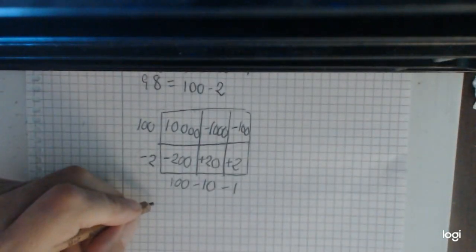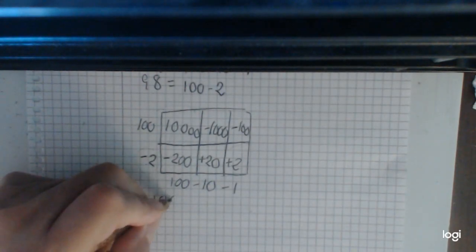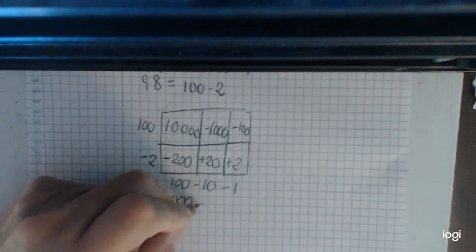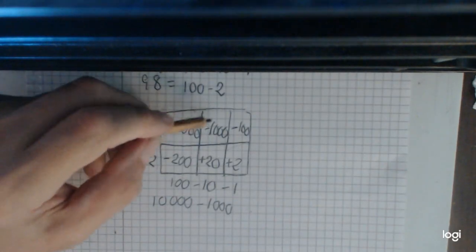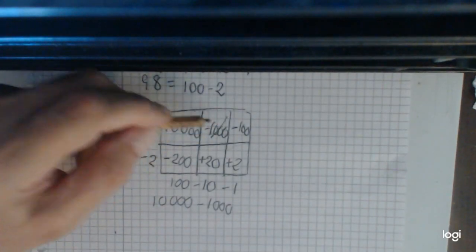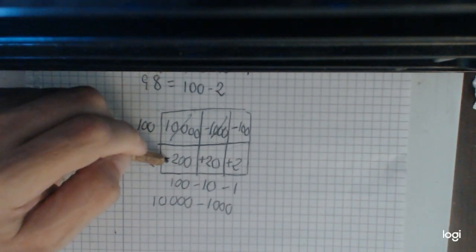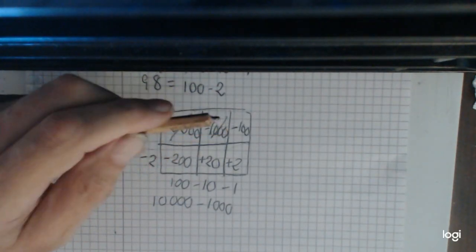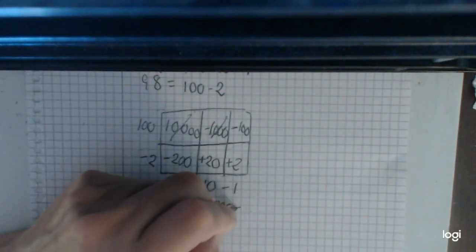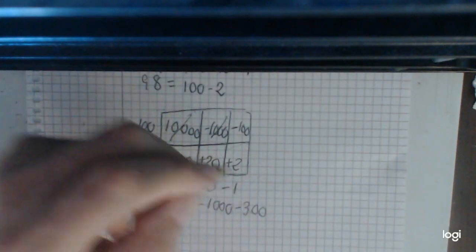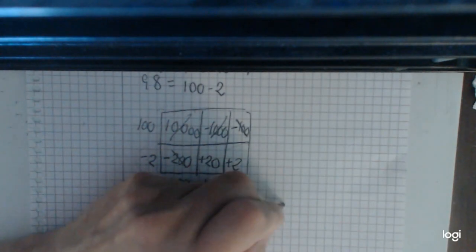So what you have here is 10,000 minus 1,000, and then you have minus 200 minus 100, that's minus 300, plus 22.